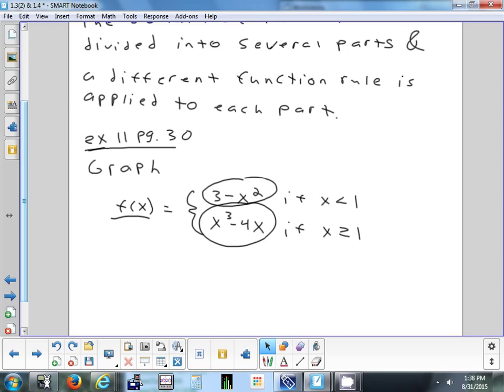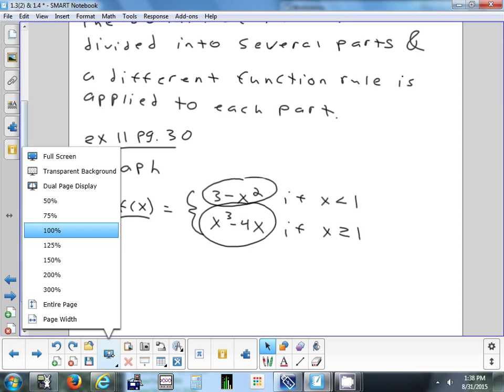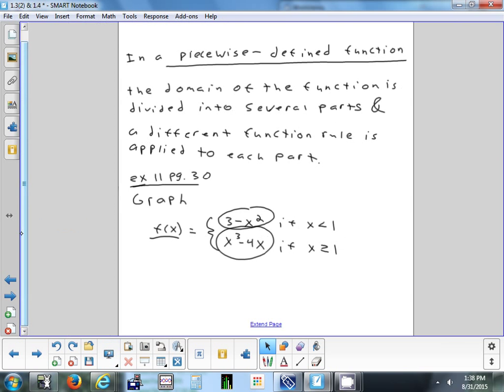Okay, the way you type in a piecewise defined function on the calculator is you need to put it in parentheses. Right, so what I'm going to do is I'm going to type in 3 minus x squared in parentheses, whole thing.